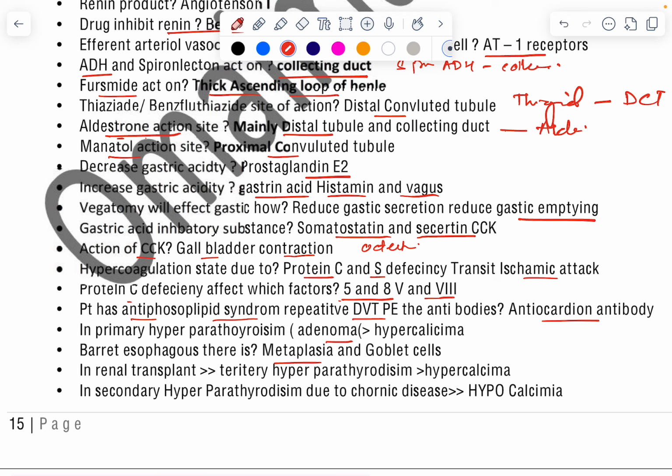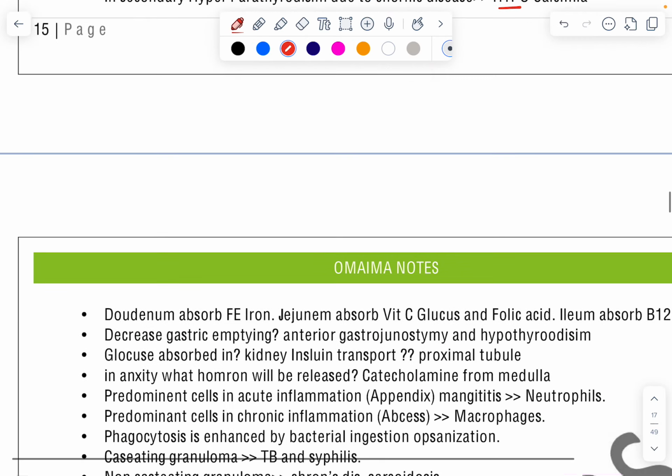Barrett's esophagus: metaplasia with goblet cells, columnar; normal epithelium is squamous. Renal transplant: tertiary hyperparathyroidism, hypercalcemia; secondary is due to chronic disease, hypocalcemia, decreased calcium.